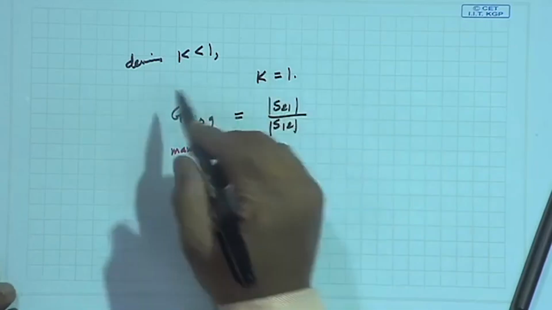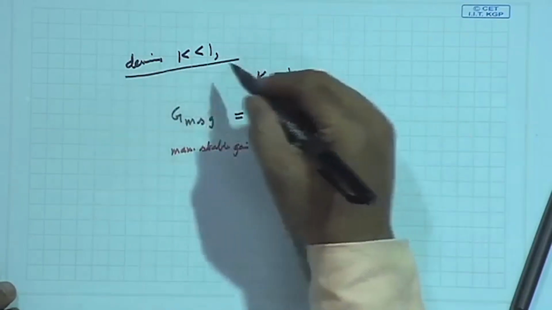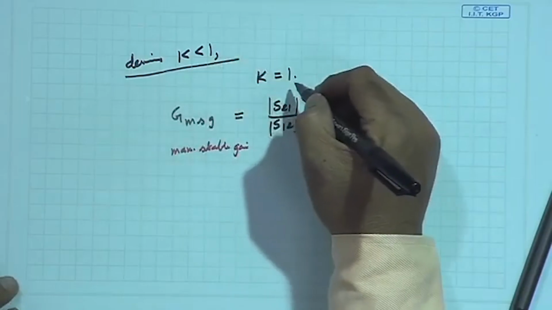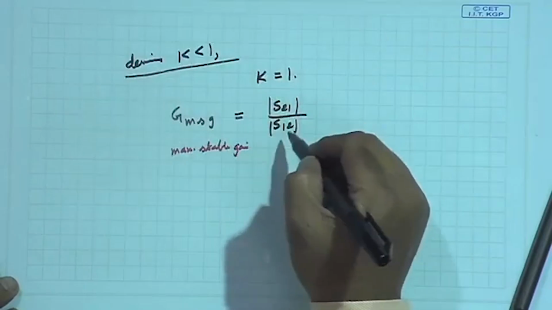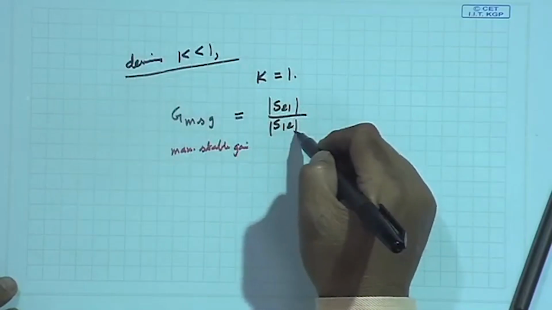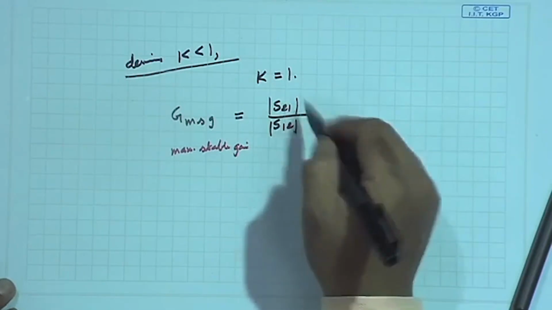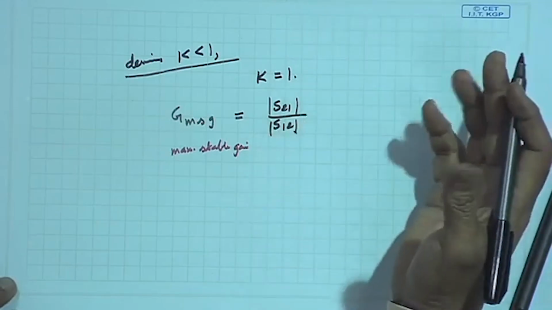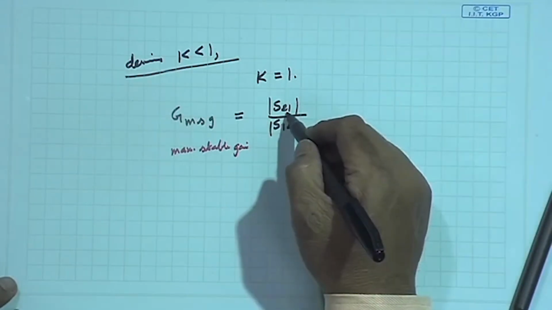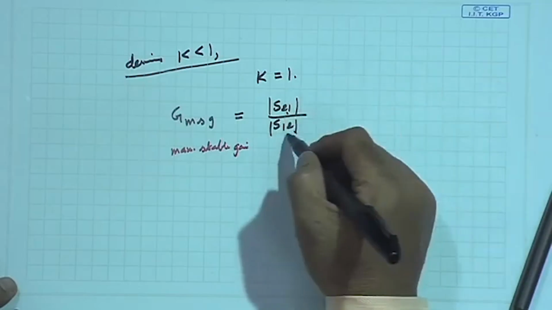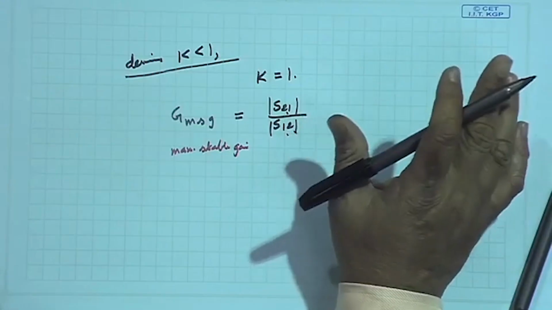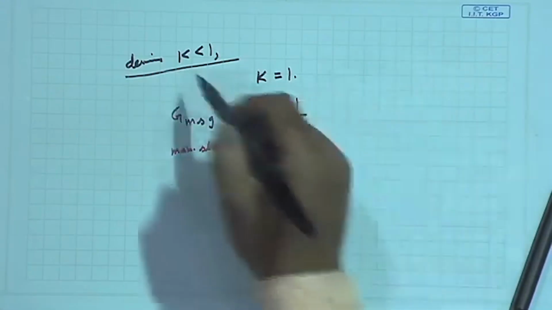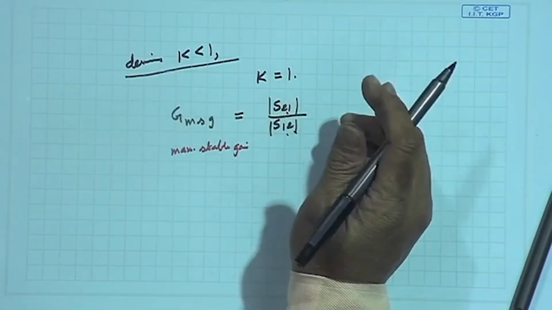So, if your device has failed the Rolle's test, you can still make a proper choice from this, and you will get a gain of S21 by S12. Usually in any practical transistor device, S21 is a quite high value and S12 is a low value, so you get a good amount of gain even from such a device.